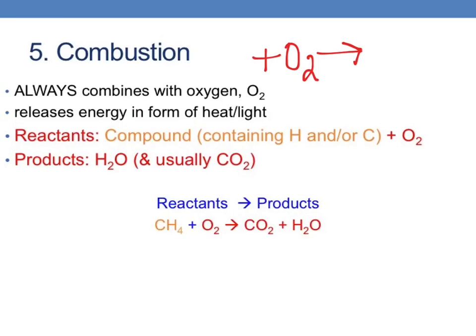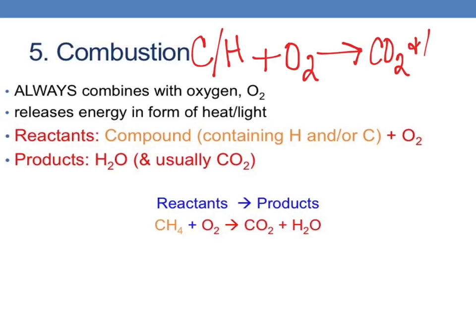So what happens is the following: you have a compound. It's either a carbon-containing compound or a hydrogen-containing compound. So it has to have carbon in it or hydrogen or both. It has to react with oxygen. And when it reacts with oxygen, if carbon is present, then we get carbon dioxide as one of the products.